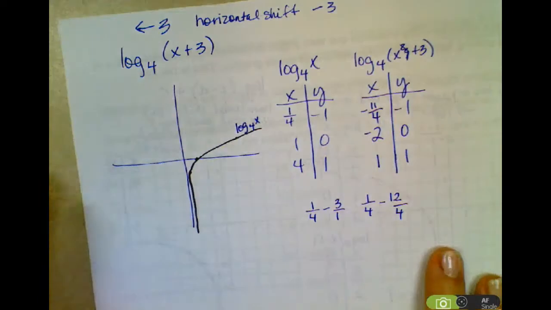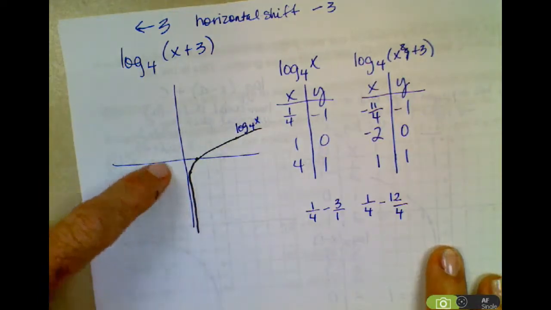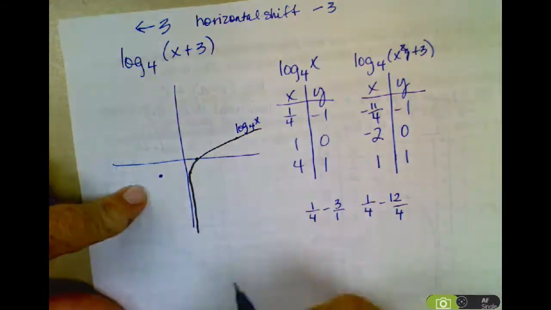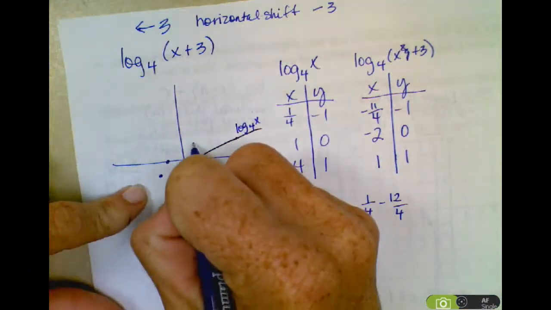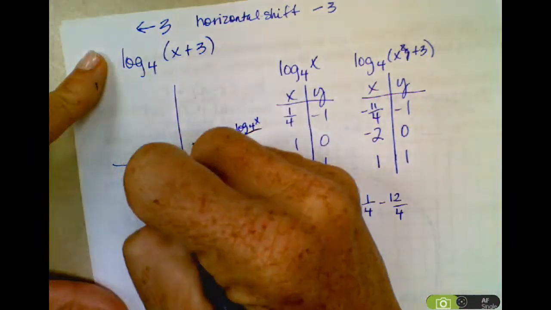Much better this time. Okay, so we have -11/4, so we're going to scooch over here, -1, -2, 0, and 1, 1. So there's our new graph.